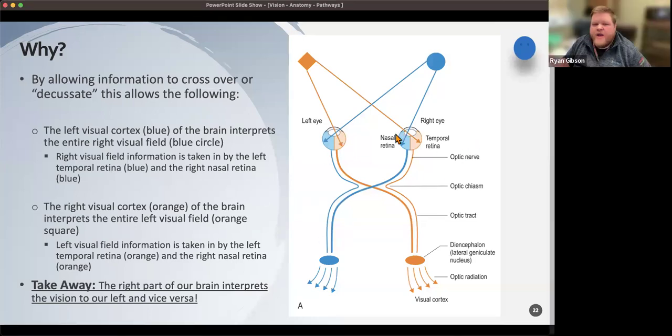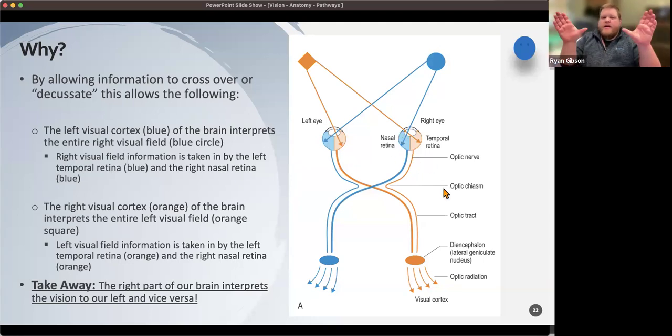And so the nasal retina controls the majority. And again, this is all because we're not dealing with a flat surface. We're dealing with a circle, right? Or a sphere. And because we're dealing with a sphere, we're taking this flat surface and we're doing this, right? And so just the way that light works and spheres work, this side is going to see over here, this side's going to see over here.